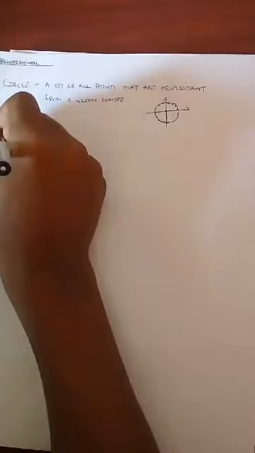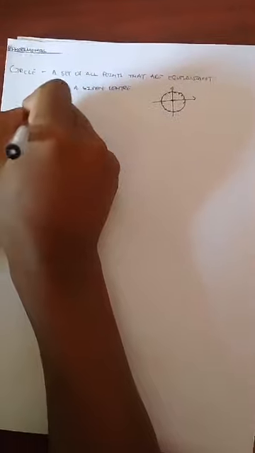And these points from a center, if you consider that distance from the center, it's what we call the radius of a circle.